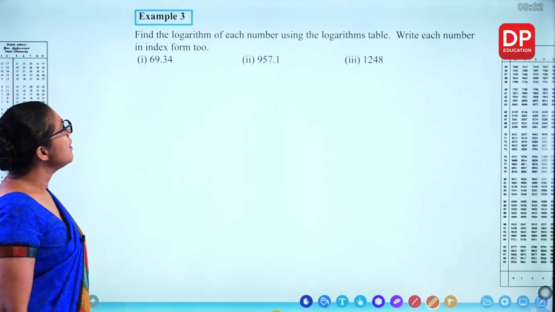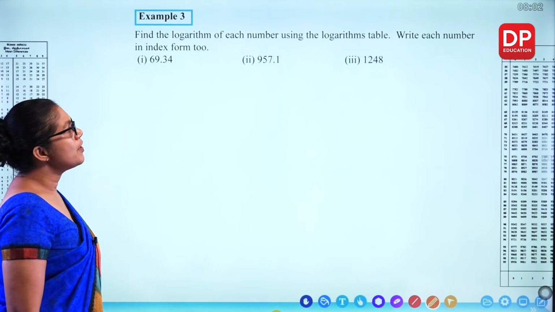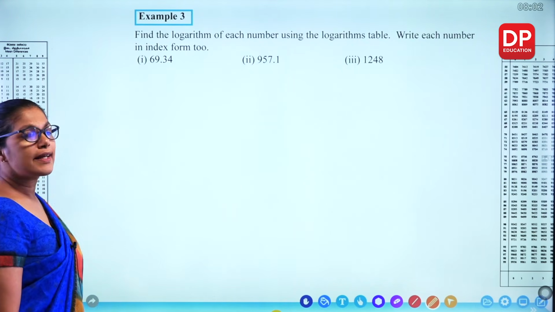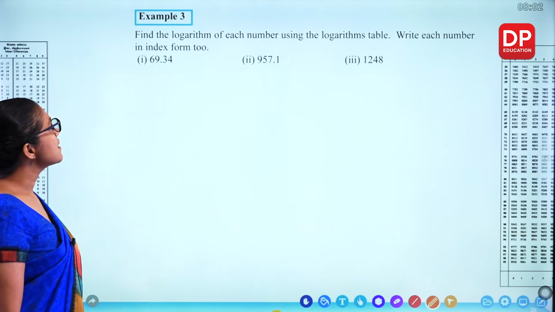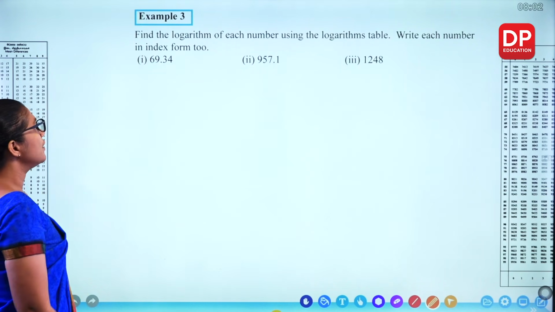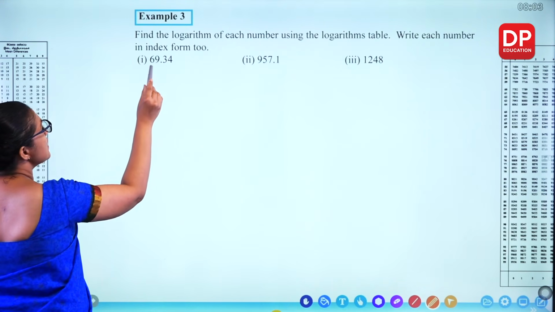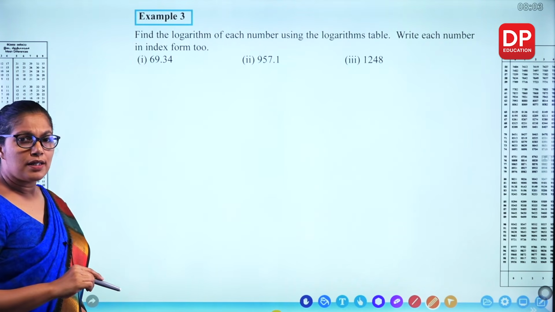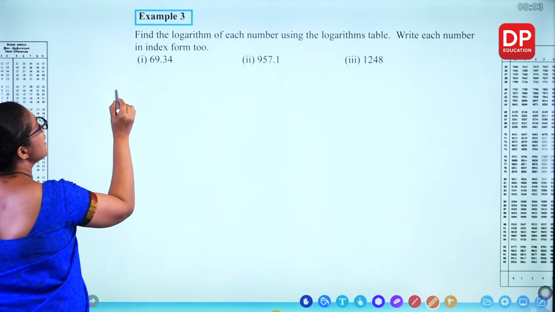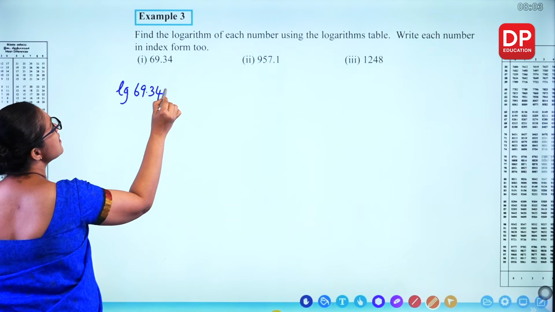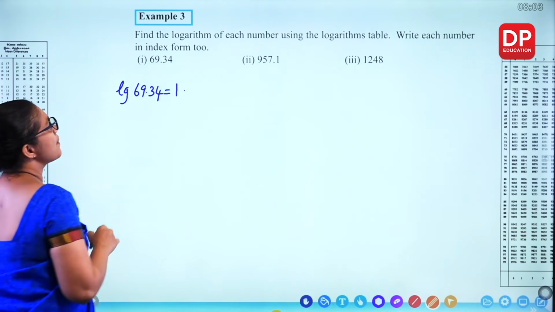Example number 3. Find the logarithm of each number using the logarithms table. Write each number in index form too. 69.34. How can we find out the log value? We know that this is 10 to the power 1. So you get LG of 69.34 is 1 point something.